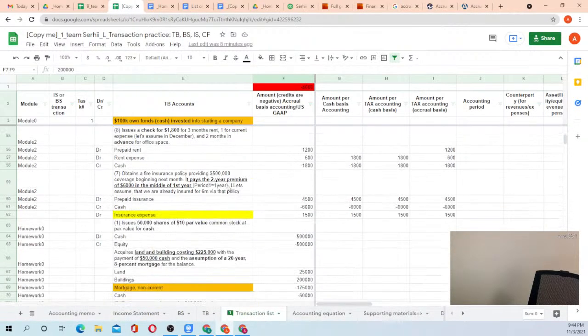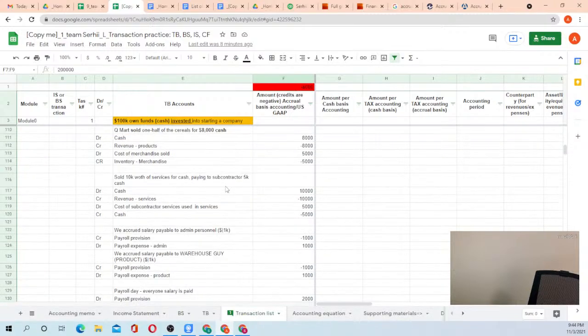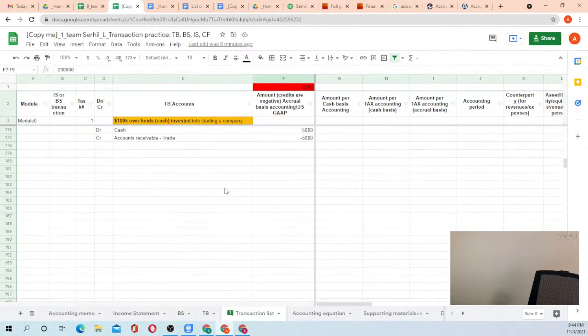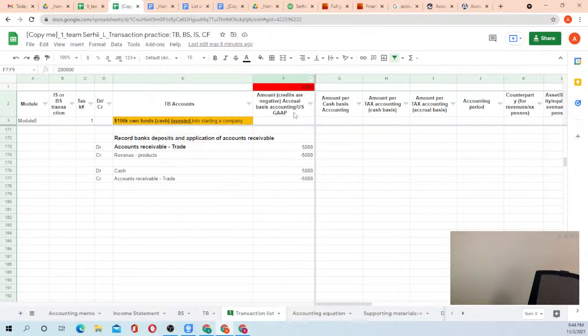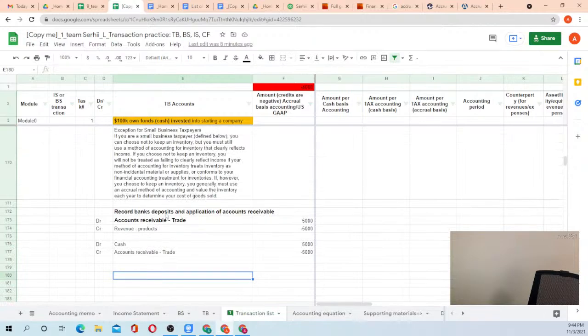Let's see, I have freeze panes here. So in my transaction list, I already segregated the accrual basis of accounting and the cash basis of accounting. So let's see.